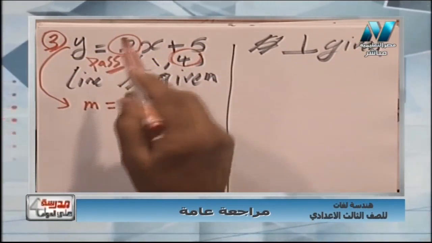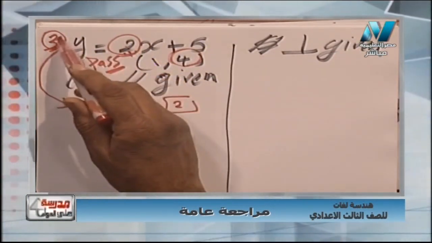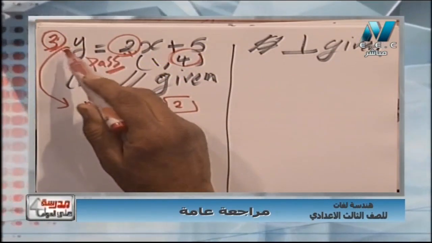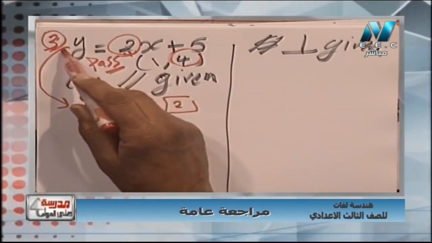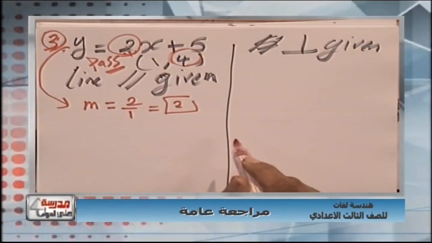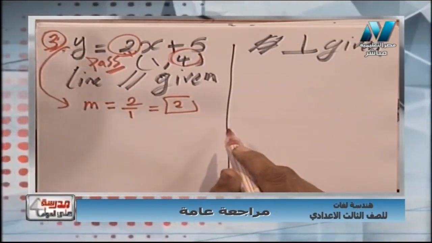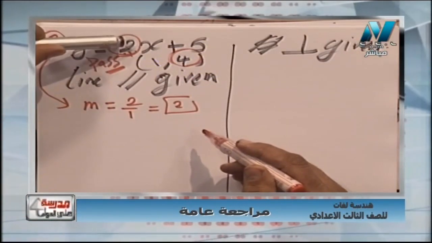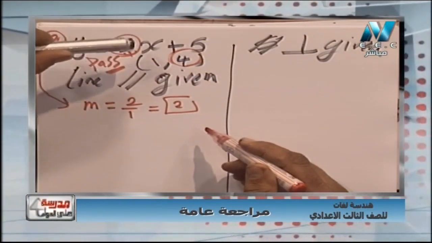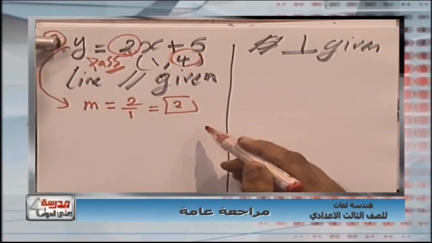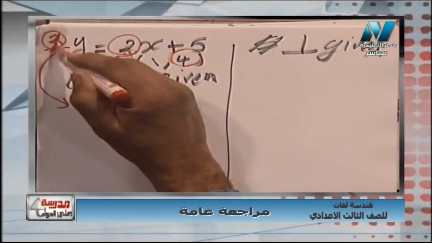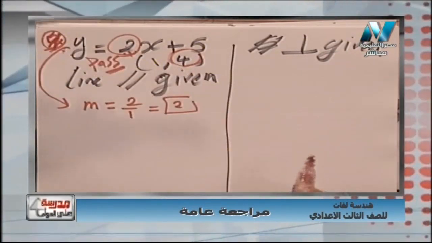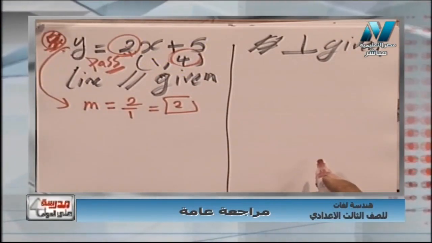No, we must put coefficient x over coefficient y in case there is a number not equal 1 beside y, maybe 2, maybe 3. So I wish you to do it as I said, coefficient of x over coefficient of y. If coefficient of y is 1 as here, okay, direct. There is no problem.